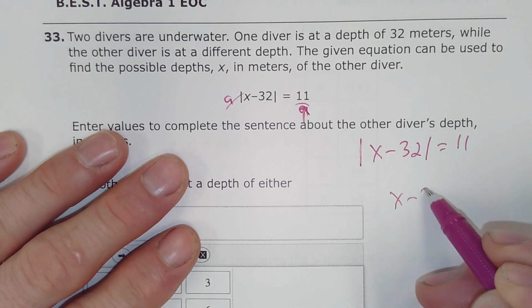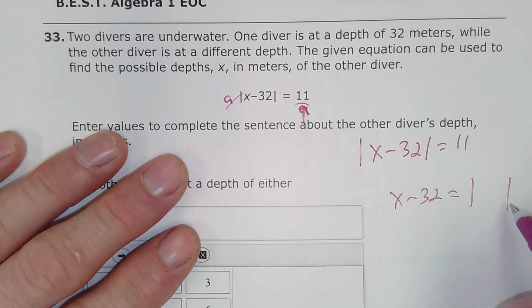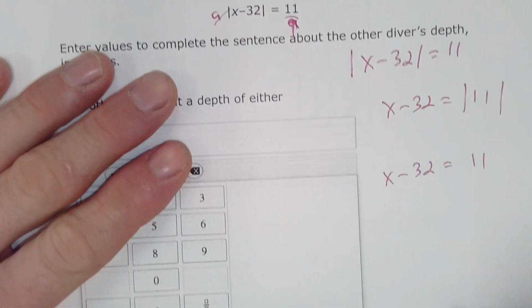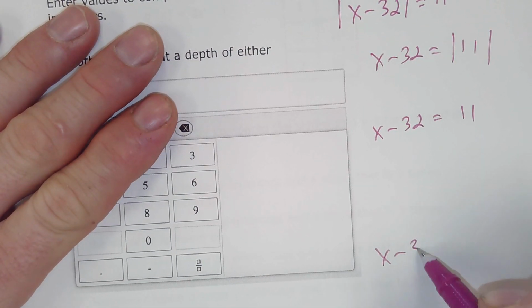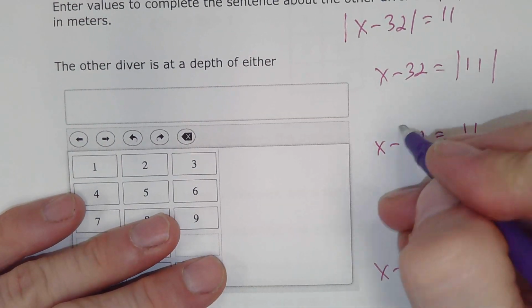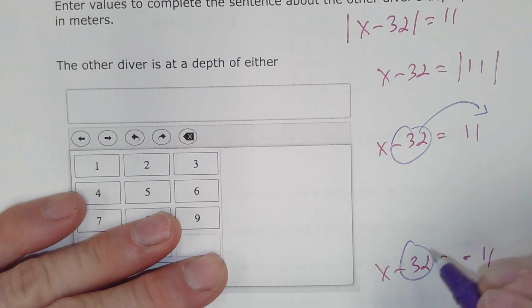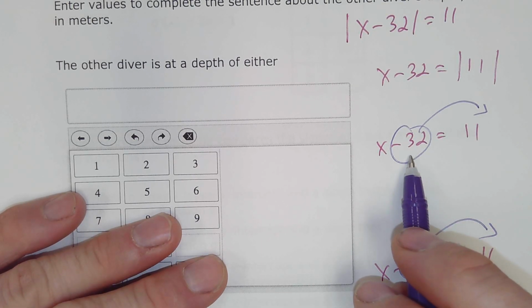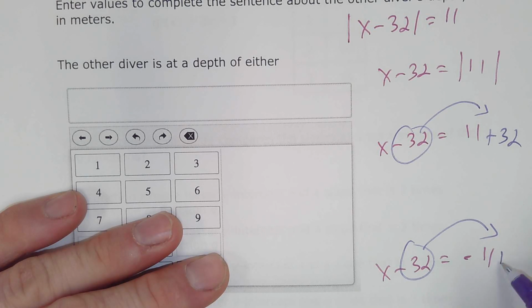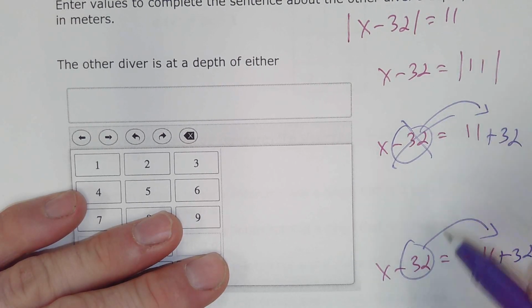So x minus 32 equals 11, and x minus 32 equals negative 11. Now I've got to move this 32 to the other side. If it's negative 32 on one side, it's positive 32 on the other side in both cases.